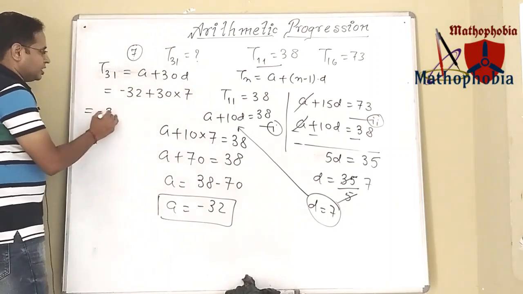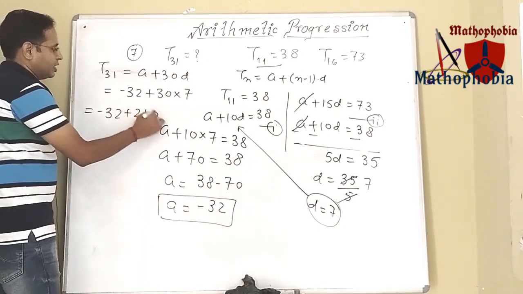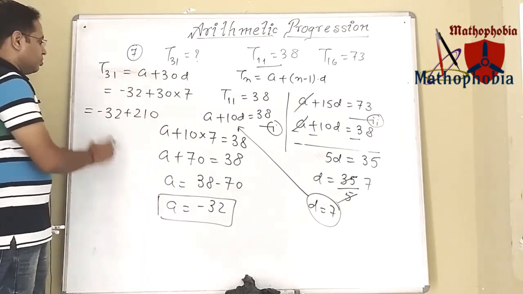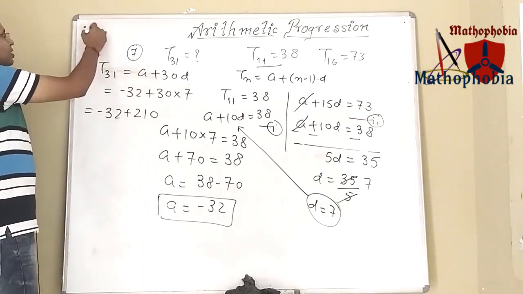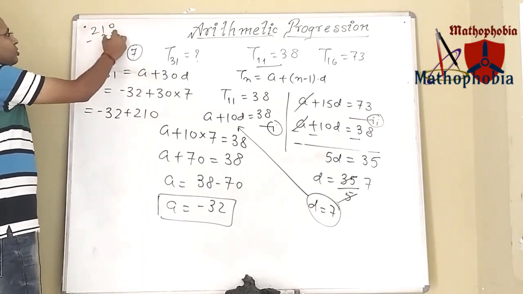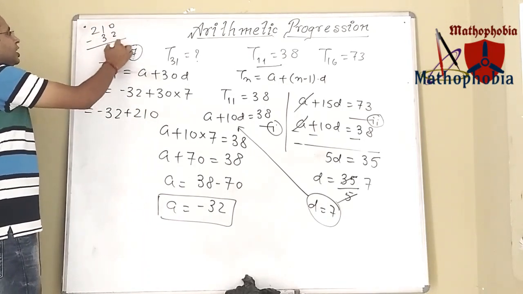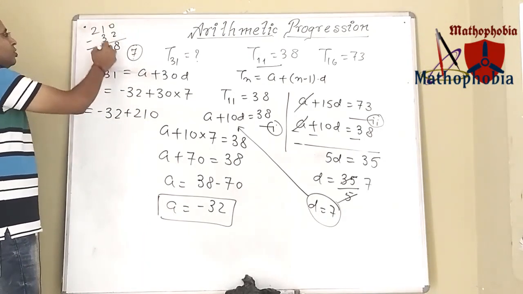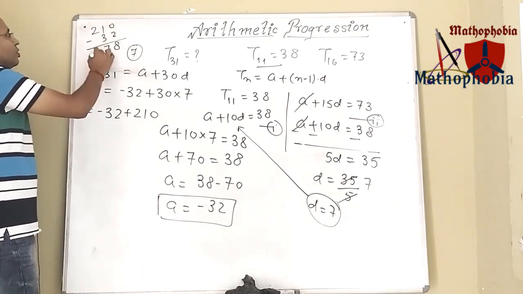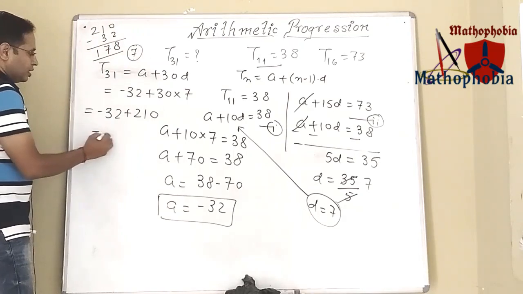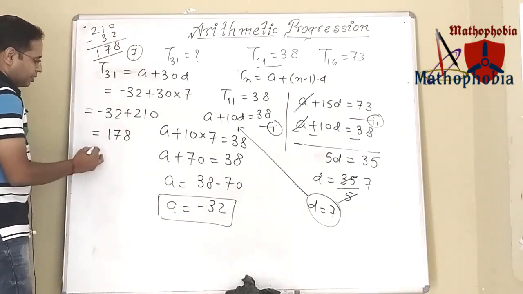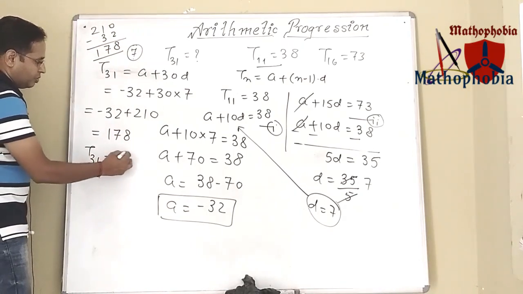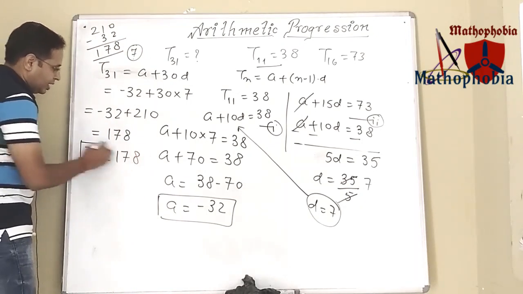So how much you will get? 30 into 7 is 210. Subtract 210 में से 32 you subtract. So 210 minus 32 you will get 178. Therefore, the 31st term of this sequence is 178.